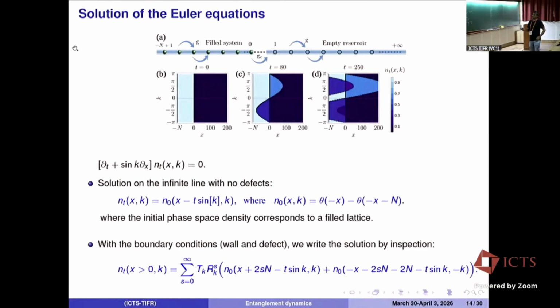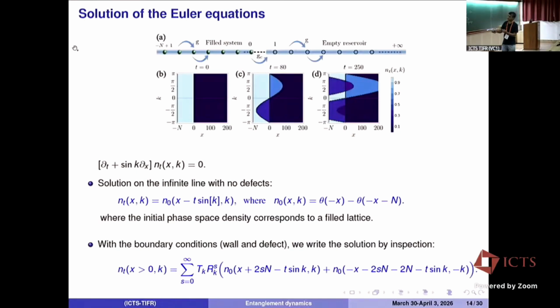So if there was no defect and on the infinite line, the solution of this equation would just be this. You can just imagine every particle is boosted with some speed, and it would just evolve in this. So I can write this solution very easily. But now I have to take into account that there are multiple reflections, and then you can write down a solution like this, which takes account of S reflections at this interface.